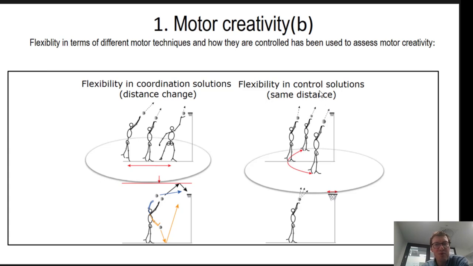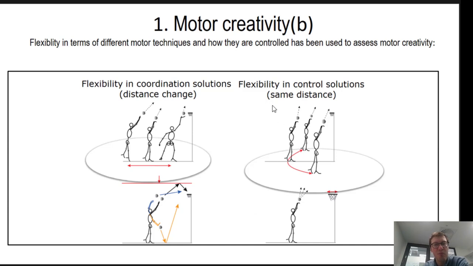And by exploring the different control solutions, or within-technique variability, this allows them to know what the limits of this technique are. In what ways can it work? Under what sort of speeds or heights or whatever, and what don't.